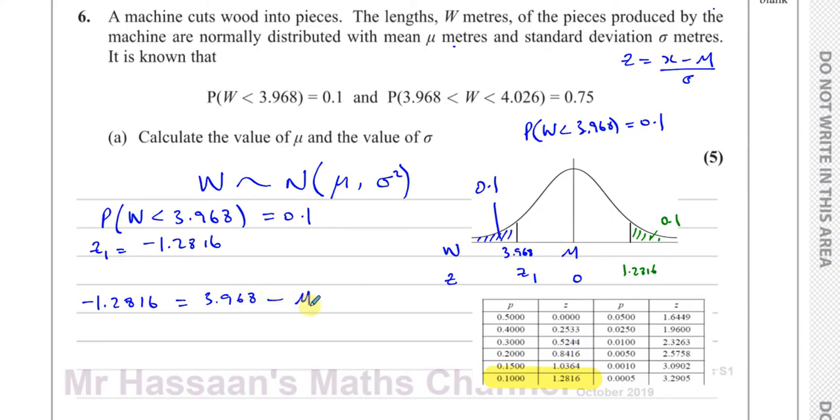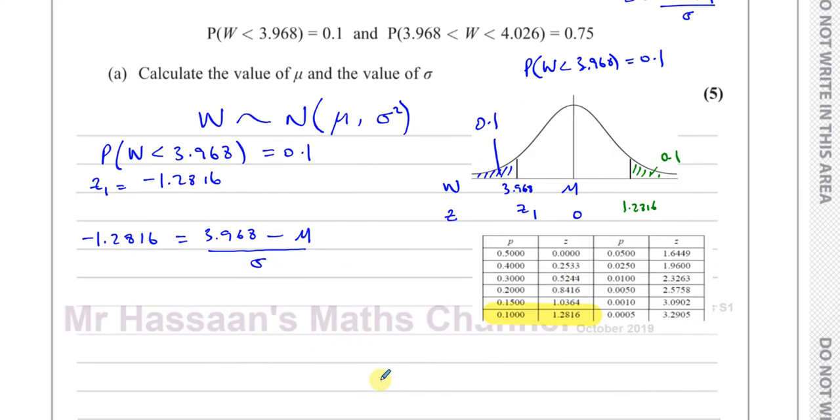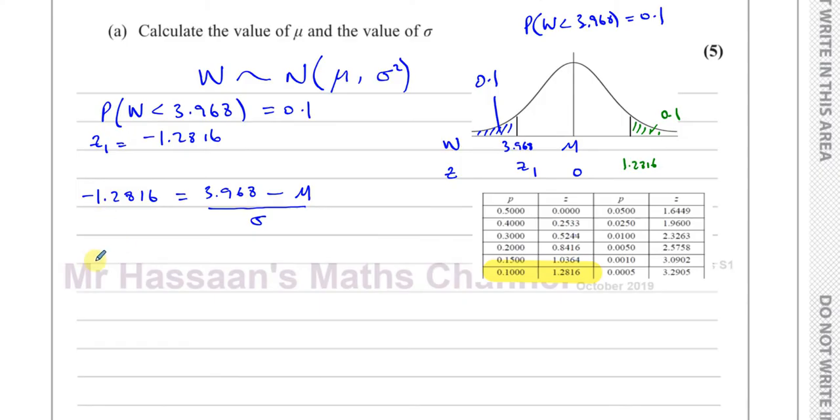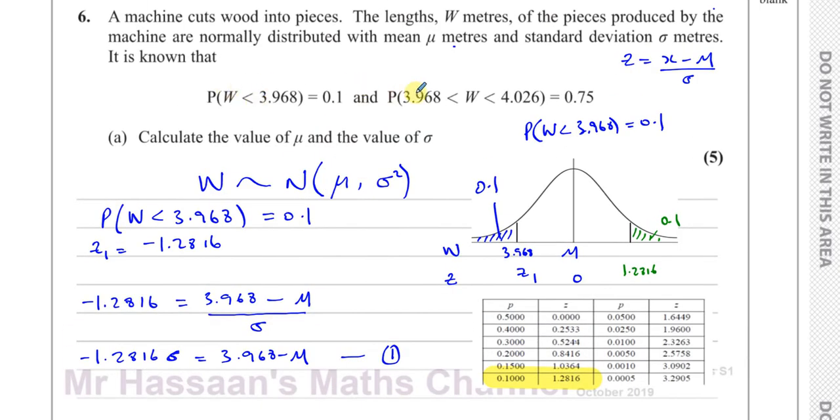What we don't know is the mean and the standard deviation. So we have an equation which involves both of them. Let me multiply by sigma: minus 1.2816 times sigma equals 3.968 minus mu. That's one equation we formed from this information.